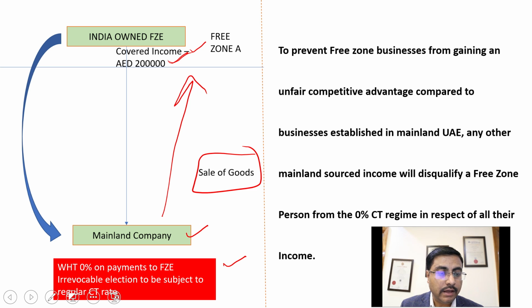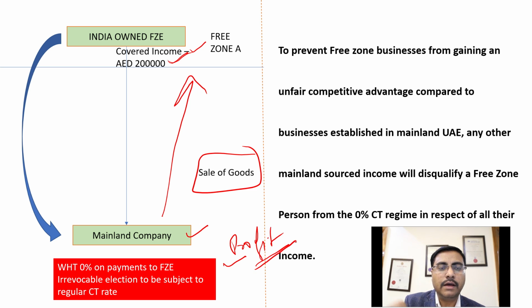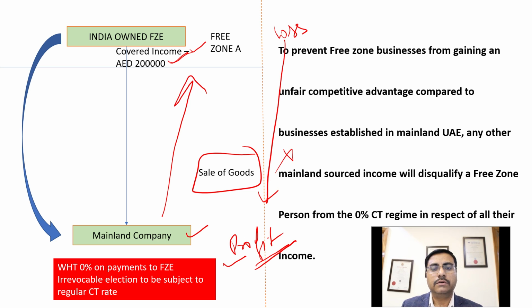So there is an election to tax. Suppose you are earning free zone income and the main company has a profit, but in the free zone there is a loss. This loss cannot be set off because free zone profit is not taxed, and in the same way the loss is not allowed. So you can elect that your free zone will regularly pay the taxes, right?